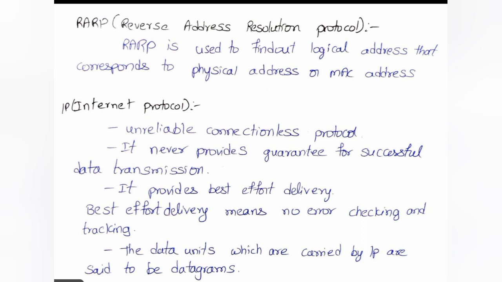The Internet protocol is divided into two types, that is IPv4, Internet protocol version 4, and version 6. Currently we are using IPv4 addressing. It is of length 32 bit, whereas IPv6 is of length 128 bit.